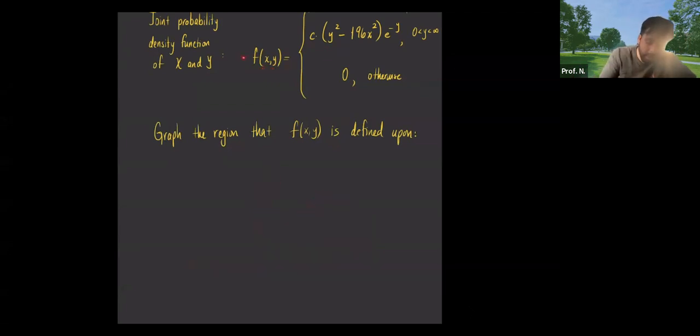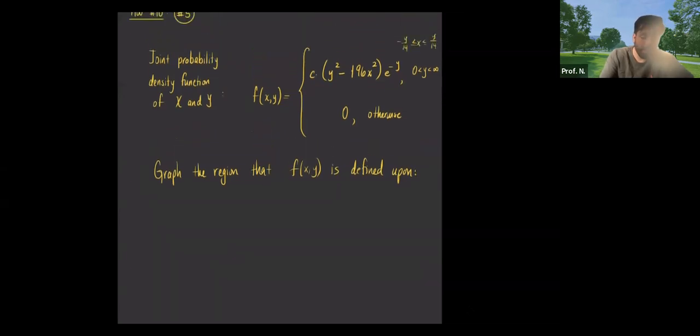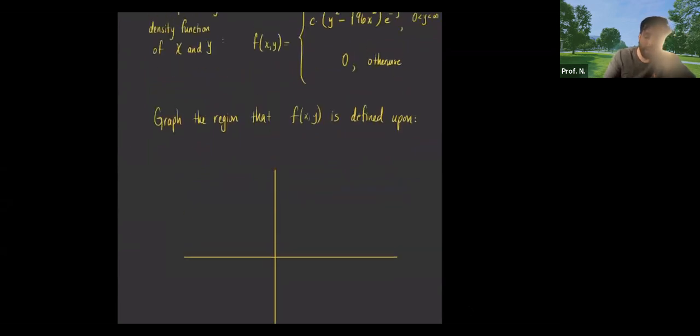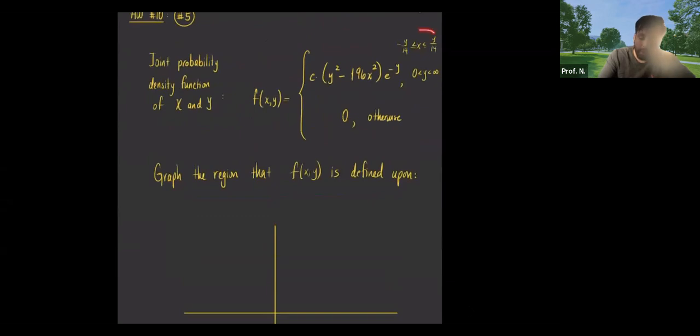So usually when you learn differential integral calculus or multivariable calculus, you're dealing with functions z as a function of two variables, x and y. Okay. So I want to see what the region looks like that f of x y is defined upon. And the region is given by this restriction.